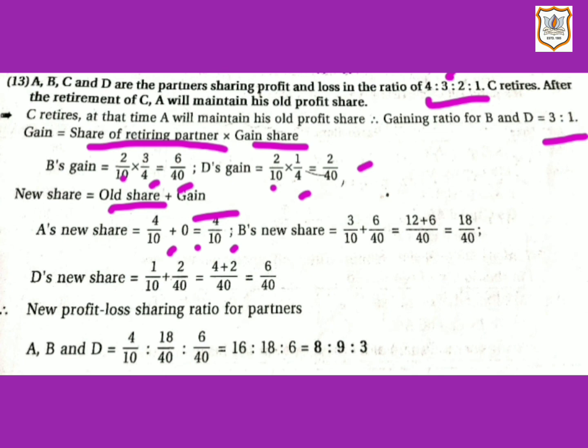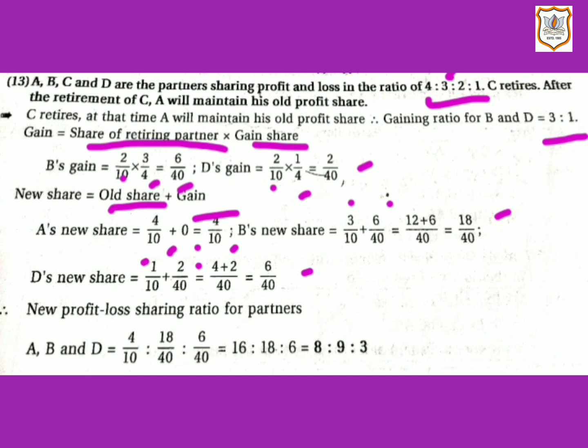Then similarly B's new share is 3/10 plus 6/40. If we solve it, we will get 18/40. Now D's new share is equal to 1/10, that is D's old share, plus 2/40, that is D's gain. If we solve it, we will get 6/40 as D's new share.